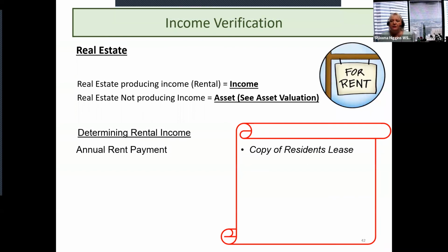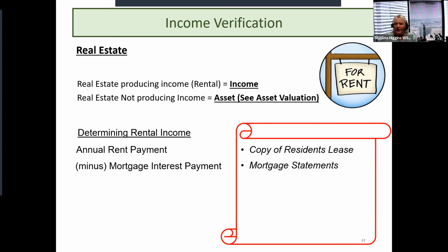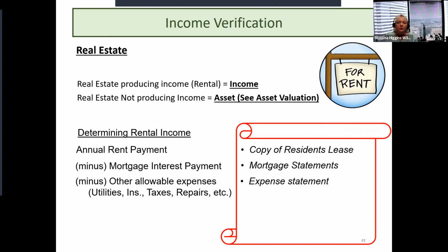All right, so determining rental income. To determine the annual rental payment, you'll want to get a copy of the resident's lease. And then you're going to want to subtract the mortgage interest payment that they're making, just the interest, not the principal. So you'll want to get a mortgage statement to be able to get that number. Of course, you're going to want to get a recent one.